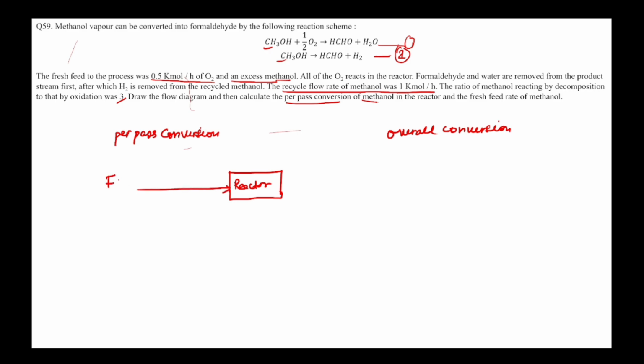This is F. In F we have 0.5 kilomole per hour O2 and x kilomole per hour of methanol, CH3OH.